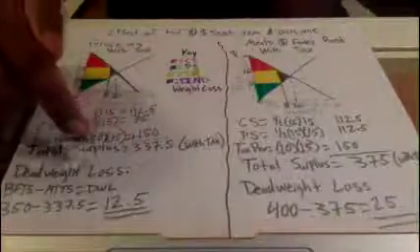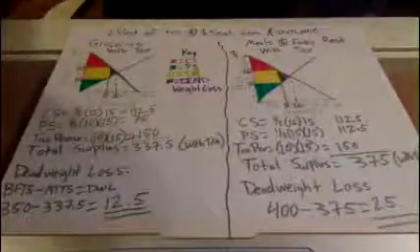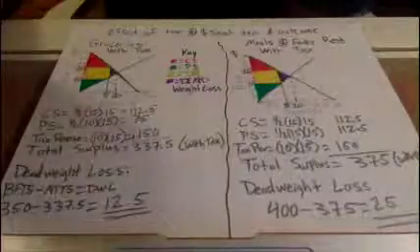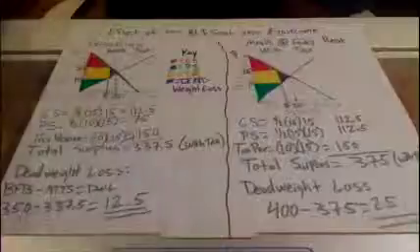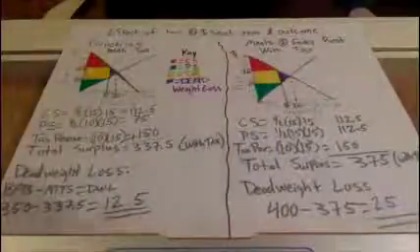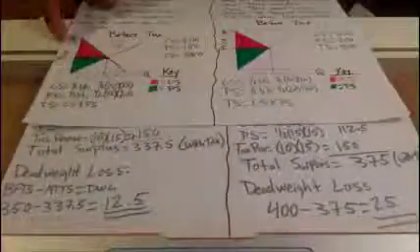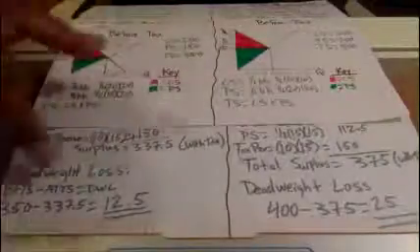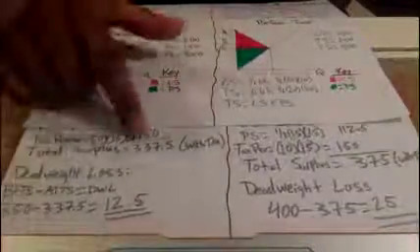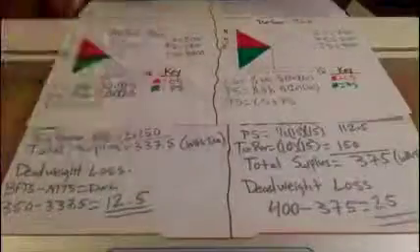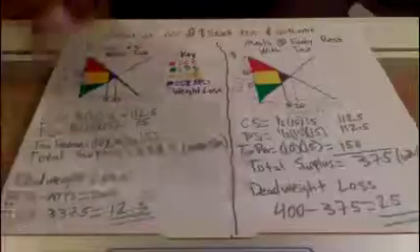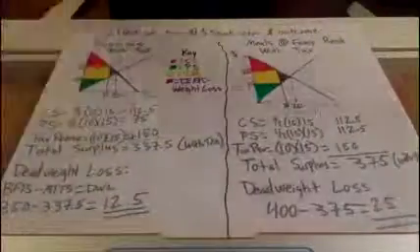Now, to find the deadweight loss, we take the original grocery total surplus of 350, and then we subtract our new total surplus, and that gives us our deadweight loss for groceries.